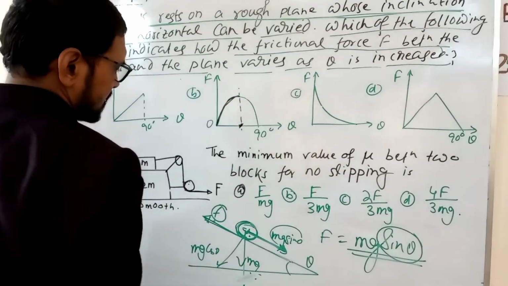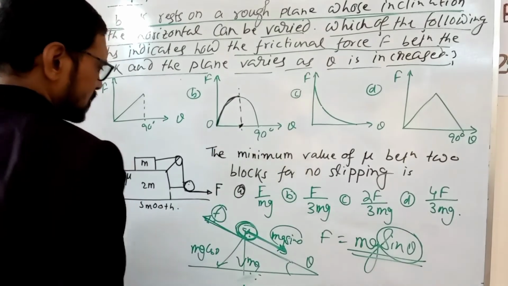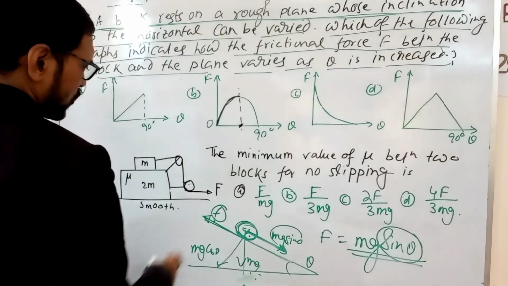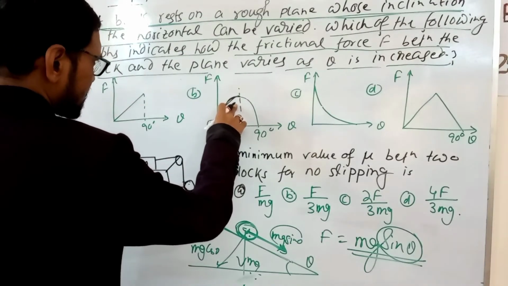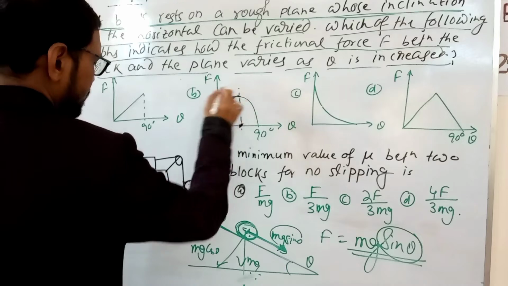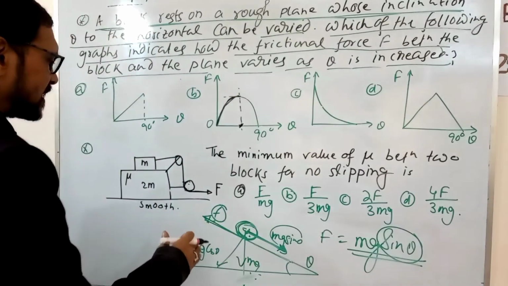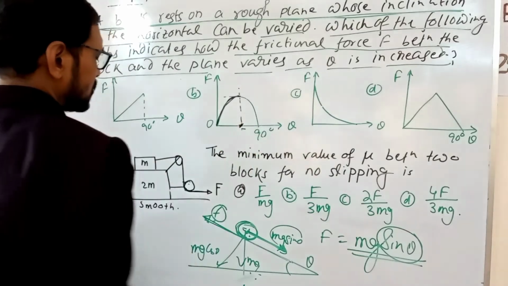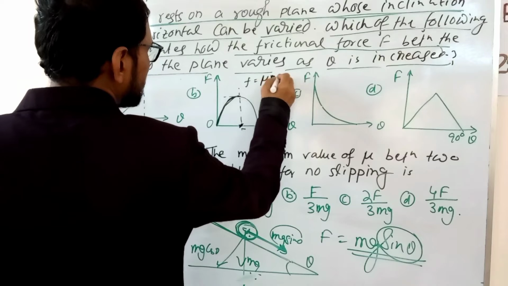After that, when theta is more than this value, this is the maximum value, that is static friction. We know the static friction is maximum. As the angle theta increases above this value, the friction equals mu into R, which is mu mg cos theta.